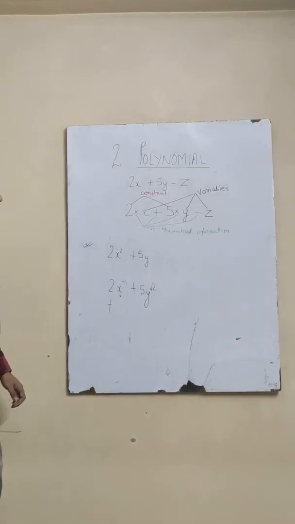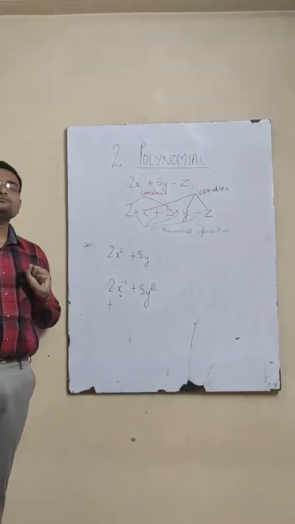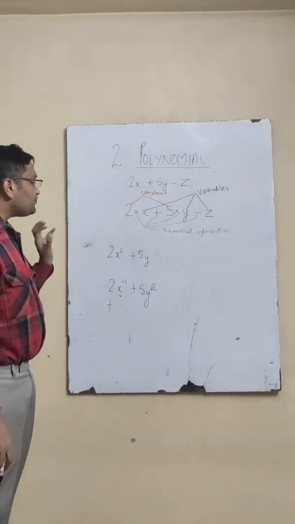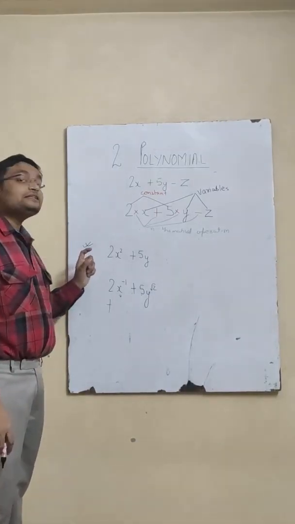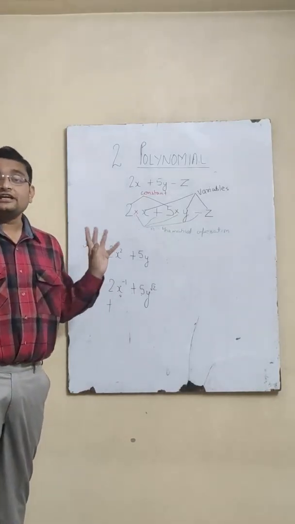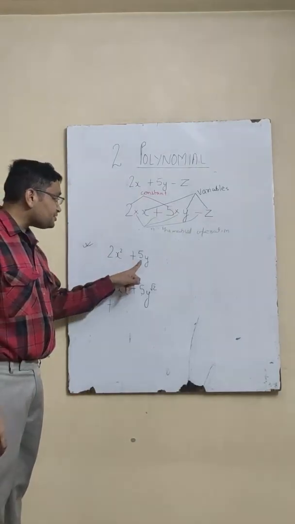What is the difference between these two algebraic expressions? The difference is in the power of the variable.